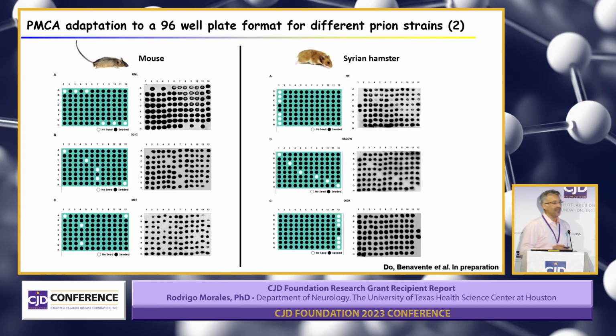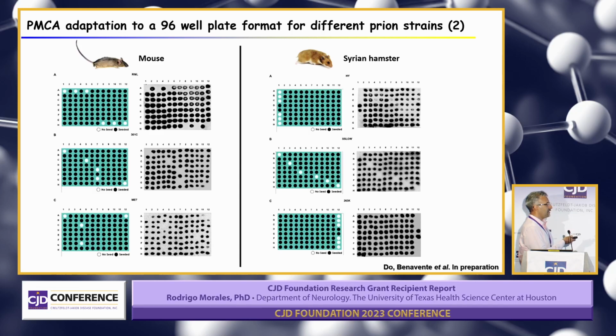So this is an example of how this 96 well plate format is working at this moment, and how it's working for different prion strains. Here, as a proof of principle, we did it in mice and Syrian hamster. We took 3 different strains of each animal species coming from different origins, that behave completely different in vivo.